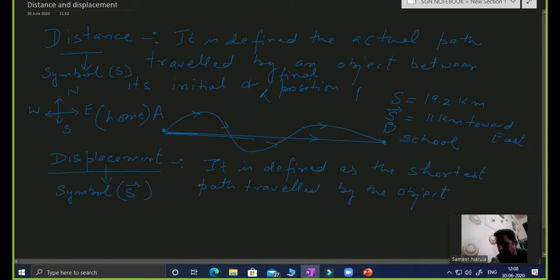So right now we came across both definitions. Distance is a scalar quantity, whereas displacement is a vector quantity. This is for distance and displacement. Now we move on to the next one.